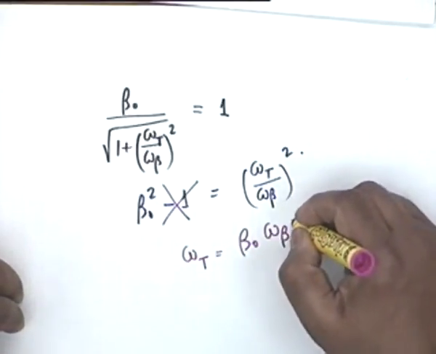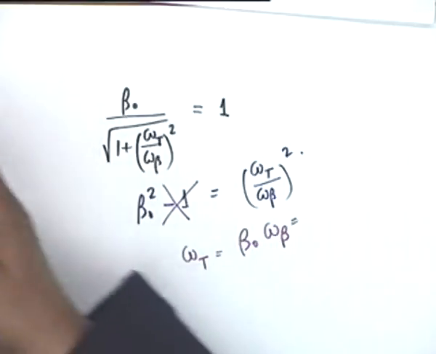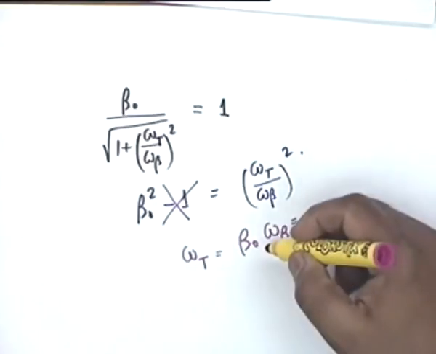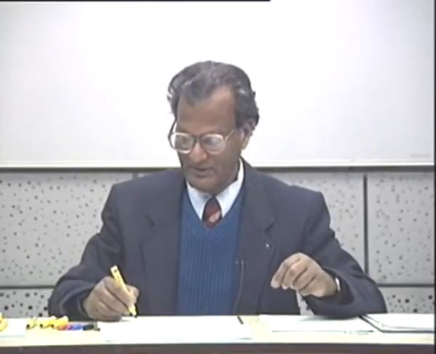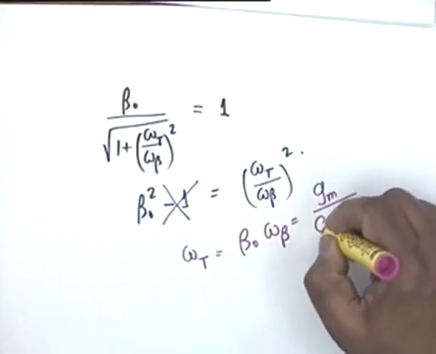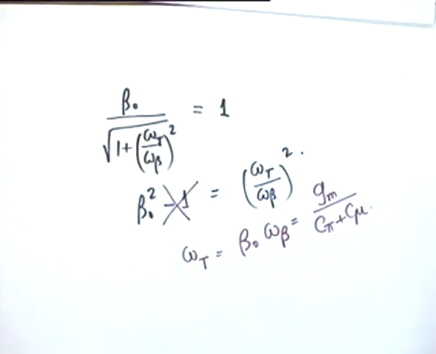The expression for beta 0 is gm r pi, and omega beta is 1 by r pi (c pi plus c mu), and therefore this is simply equal to gm divided by (c pi plus c mu). This is dependent only on the transistor parameters gm, c pi and c mu, and is the frequency above which you cannot use the transistor gainfully. You cannot gain anything by using the transistor. No current gain, and therefore it is a useless quantity.